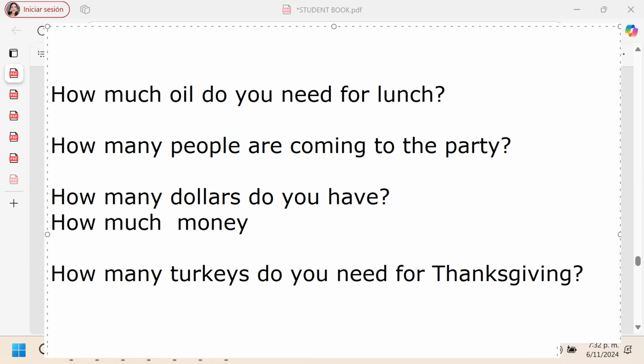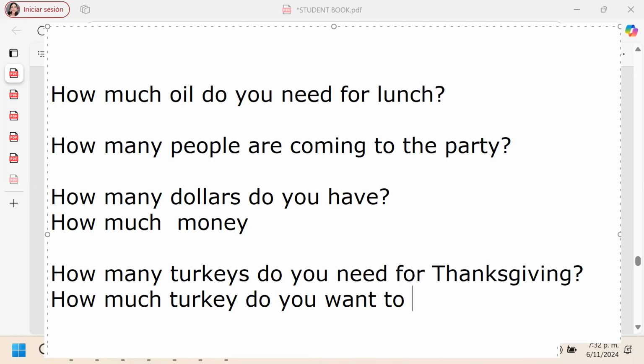Like you're going to buy 3 turkeys for Thanksgiving, or 2 or 4. Si digo, how many turkeys, es que me voy a llevar el pavo completo. Y ahí yo puedo decir 1, 2, 3, porque es el pavo completo. Es el animal completo. How many turkeys? But if it is not the whole animal, I can say, how much turkey do you want to eat for Thanksgiving? How much turkey? In that case is uncountable. Okay?